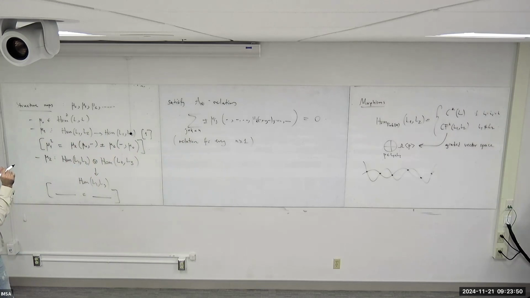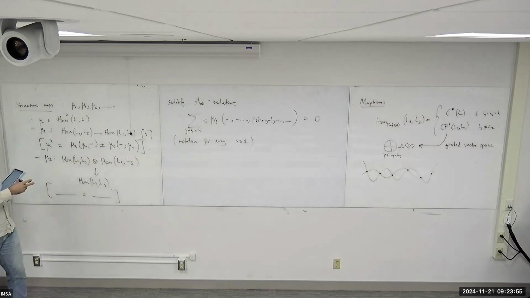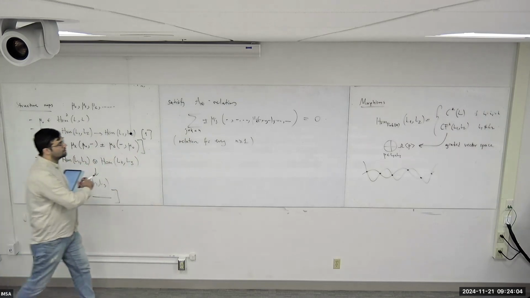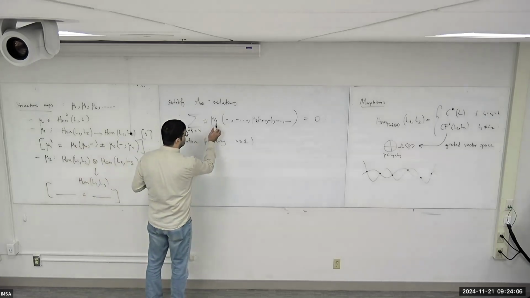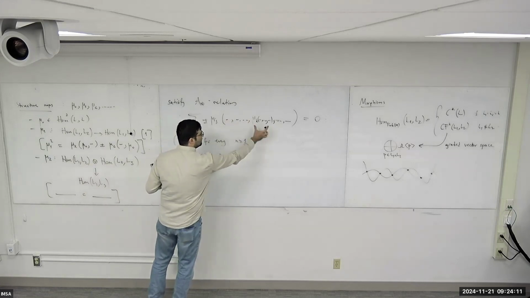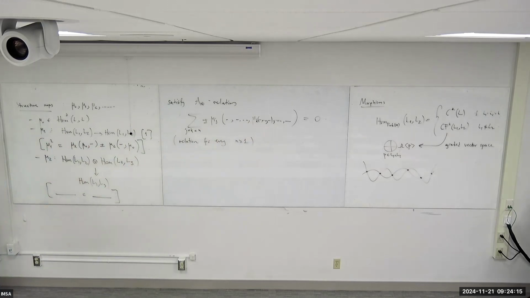For n equals 3, I will get something about the Leibniz rule, which will not be satisfied on the nose. For n equals 4, I will get this associativity relation. The associativity comes from having mu2 here, and you can place the mu2 here or here. If there was nothing else, that would just tell me that it's associative. But I have mu0 and mu1, so there are many other terms. It's really not satisfied. Okay?